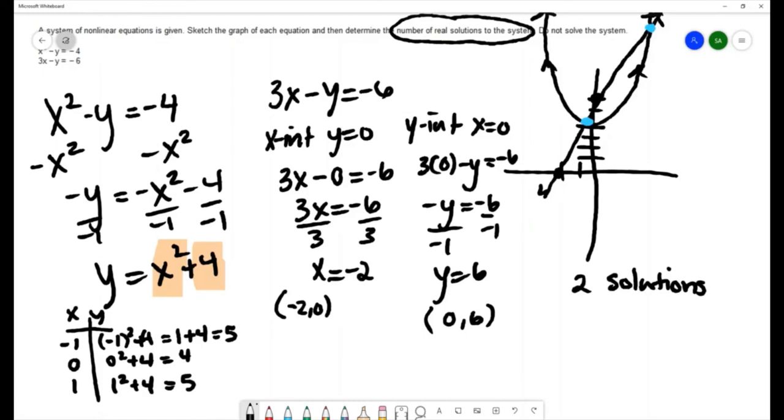So this gives me 3 ordered pairs that I'll plot in order to draw that quadratic or parabola graph. I already have 2 points to draw the line, so I'll be able to draw this curve now.